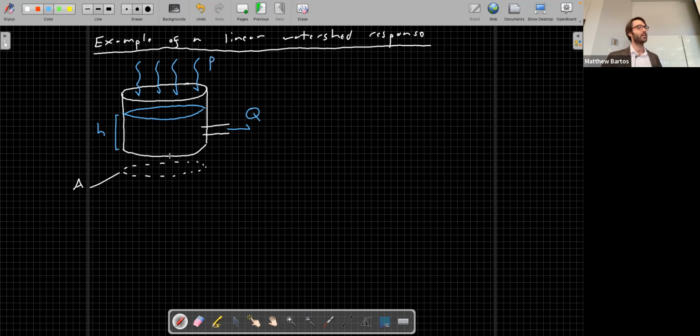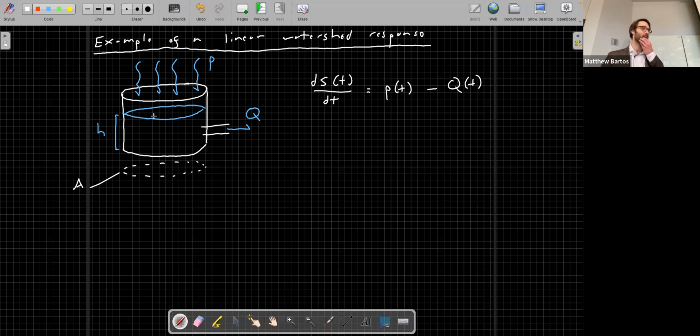Okay, so we can think of the storage in the watershed. Let's just call the storage of water in the watershed S. So this would be the volume of water in the watershed. And the time rate of change of the storage in the watershed is equal to the inflow minus the outflow. So that's the precipitation minus the discharge out.